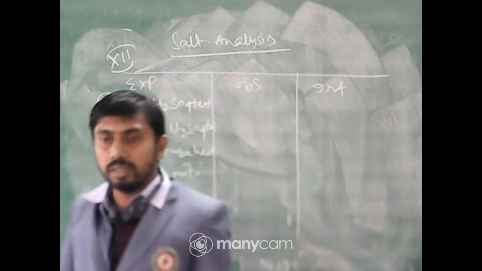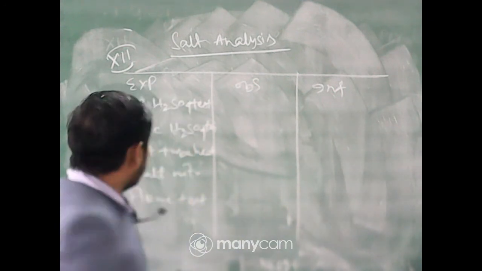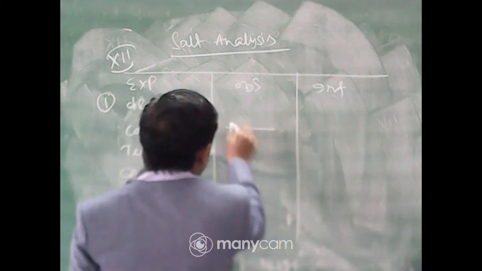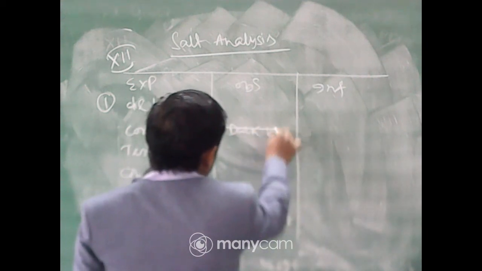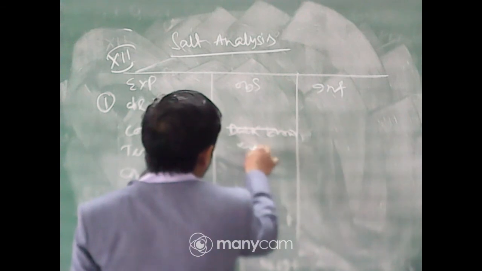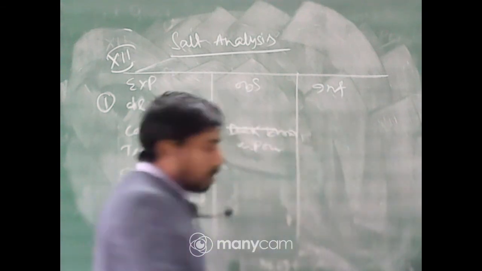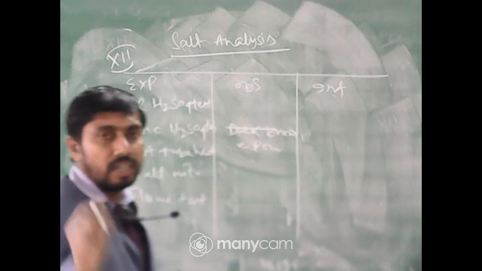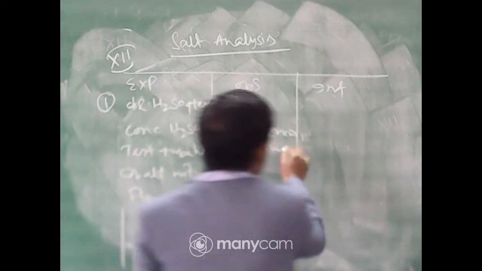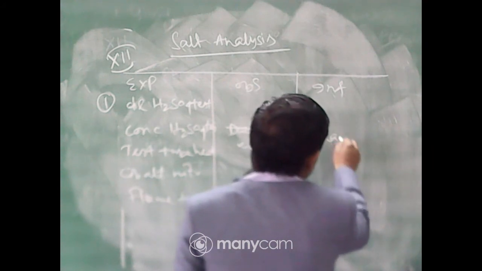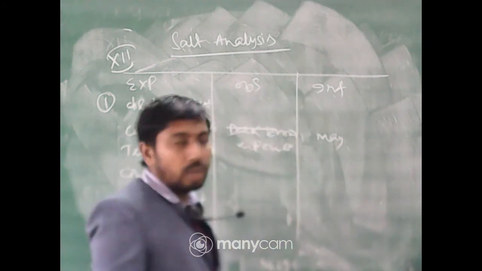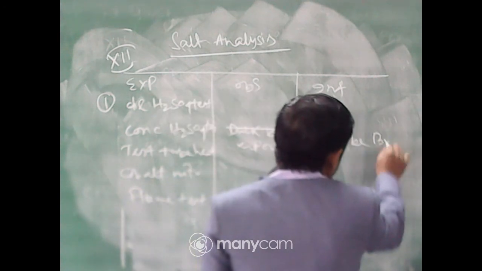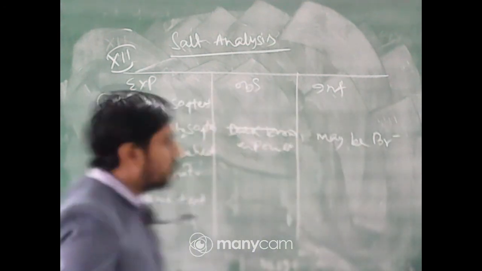Suppose here you have got bromide, so in concentrated H2SO4 you will write that dark brown vapor evolves, because when you see that section you can see the dark brown vapor evolves. Here you do not confirm, so it may be bromide, maybe must be mentioned here.